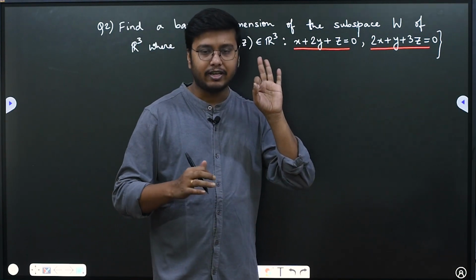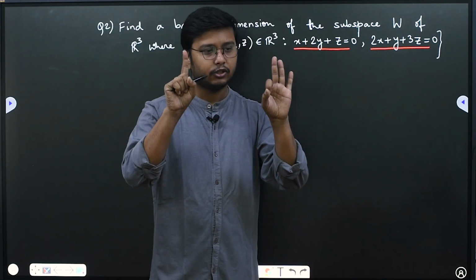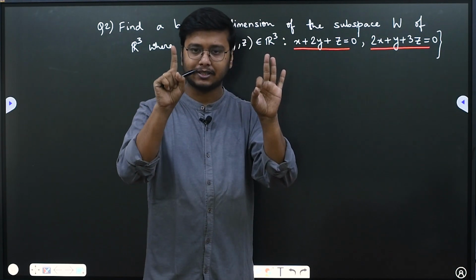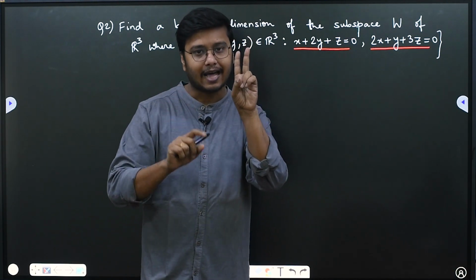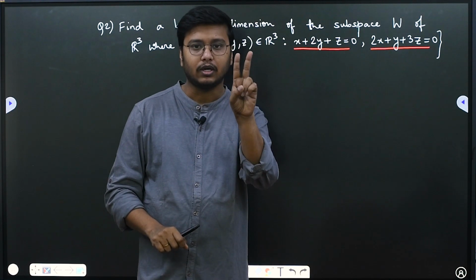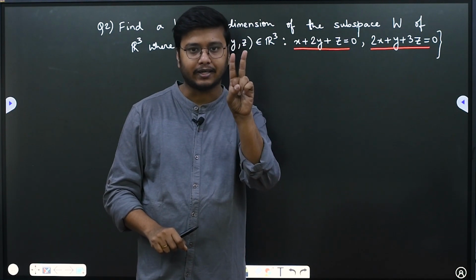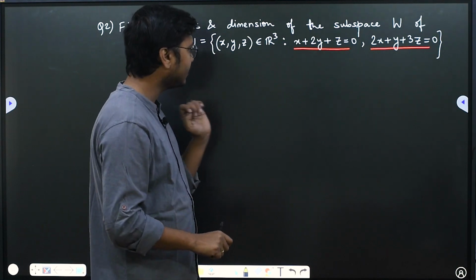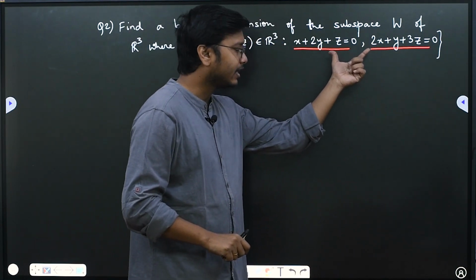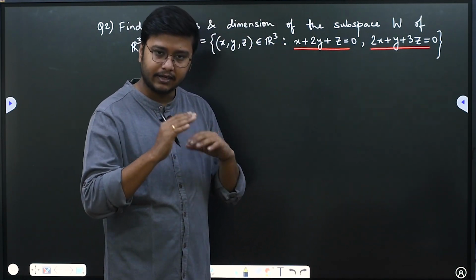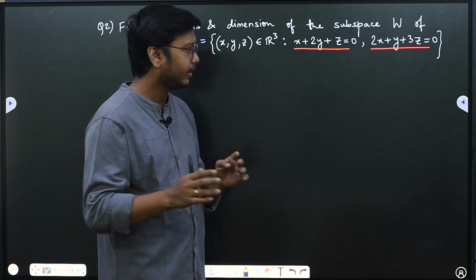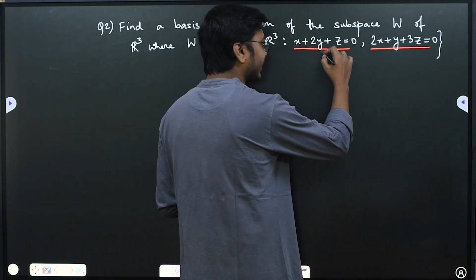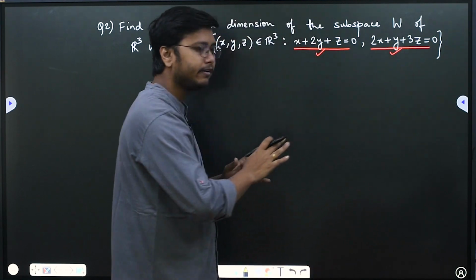So 3 variables, 1 condition. If you subtract them, you get dimension 2 and a basis containing 2 vectors. But if the two given conditions are both required, and they are different from each other, as per this question, this condition and this condition are completely different.